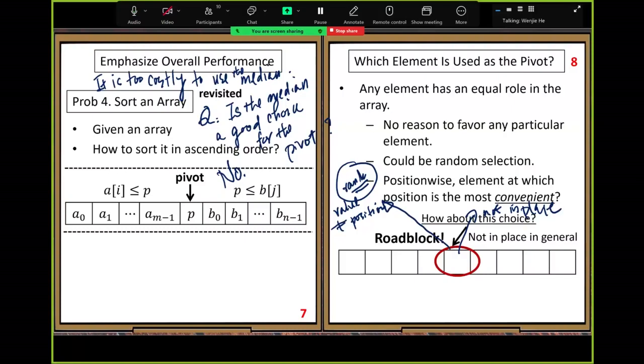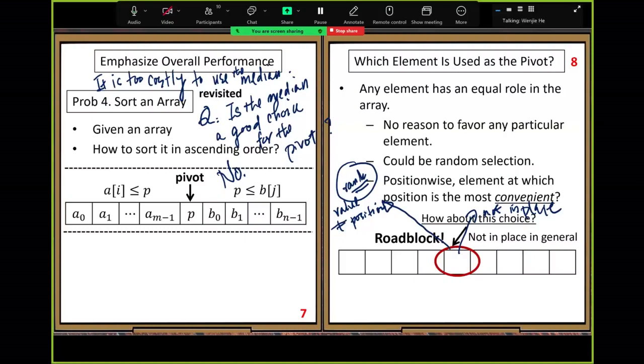Then, if you want to move elements from left to right and from right to left, it's very, very hard to control, because you selected a bad location for the pivot.